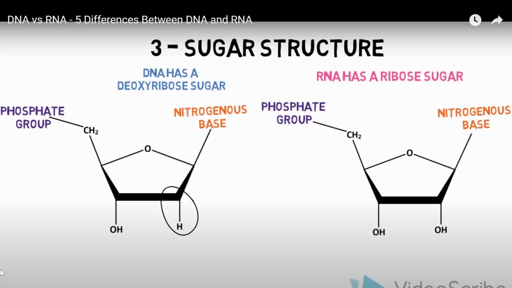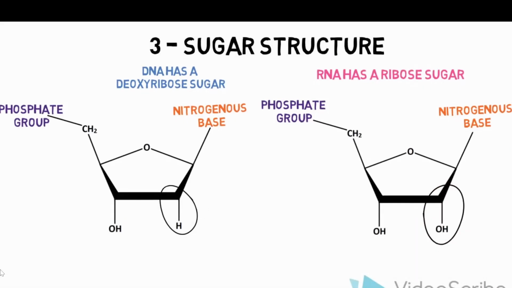Now, do you need to know the word deoxyribose sugar? You kind of do. If you're doing enriched, you should know the actual name, but what could you call it if you don't? D sugar. And ribose you could just call R sugar.